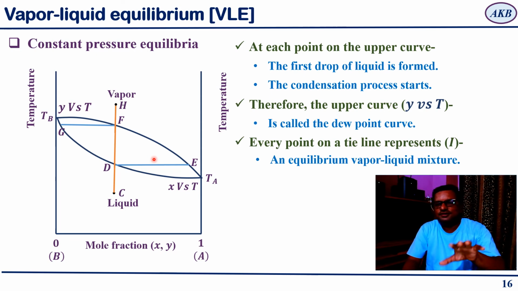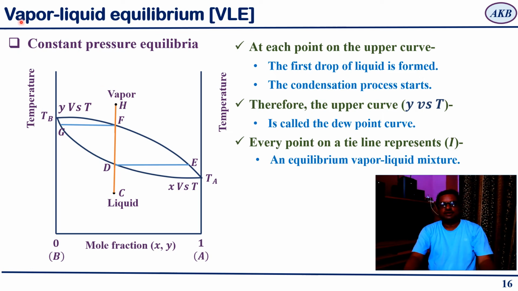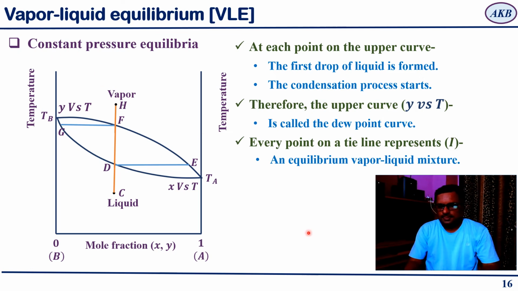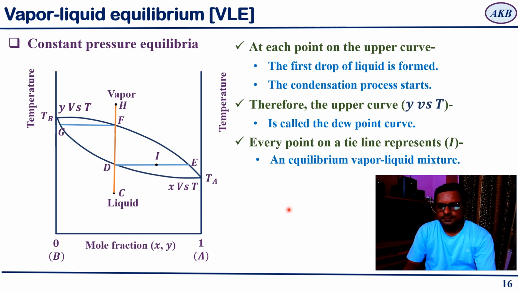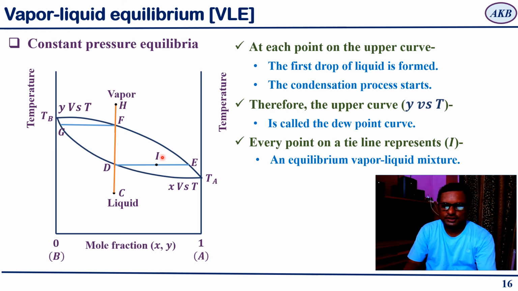Vapor and liquid phases will be coexisting, and since they are coexisting, they are in equilibrium with each other. I have shown point I over here. At point I, you have a two-phase mixture, liquid and vapor phases, they coexist and they are in equilibrium with each other.